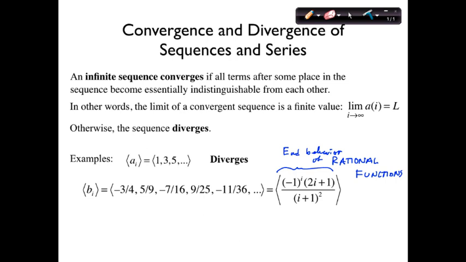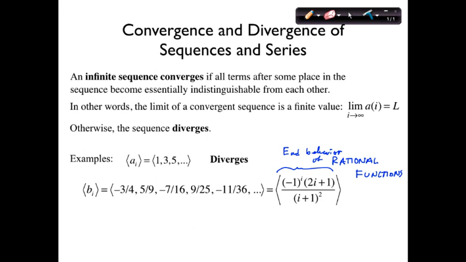When we get to, say, i equals 1 billion, we'll have basically 2 billion on the top and basically 1 billion squared on the bottom. What's happening? 2 billion divided by 1 billion squared. 0, right? So this is getting small.